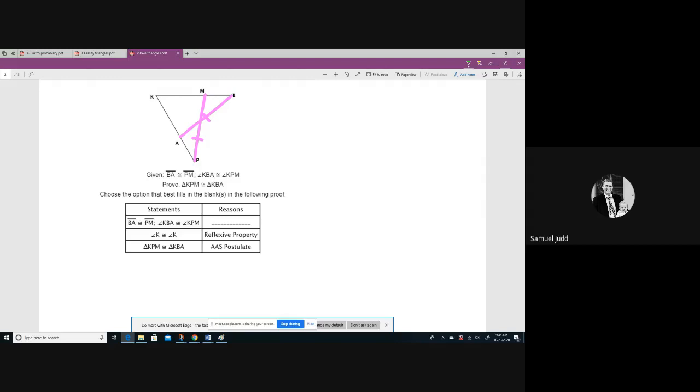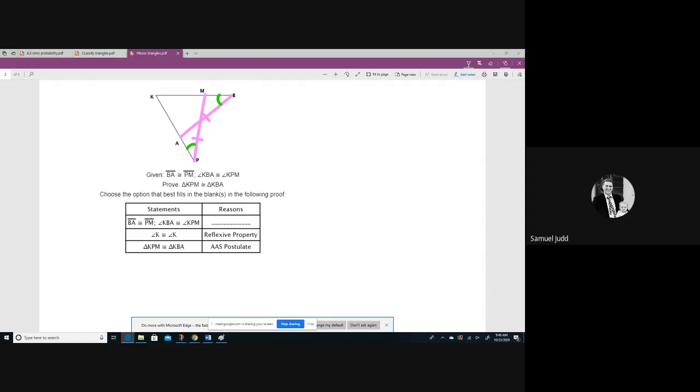And it says KBA, okay, so that's this angle, is congruent to KPM, which is this angle right here. So I've got an angle and a side that I've already marked congruent.